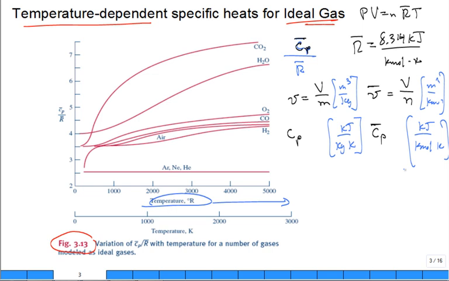I recall that we had the amount, and then we could jump back and forth between amount and mass using a property, big M, but I forgot the name of big M. Molar mass.